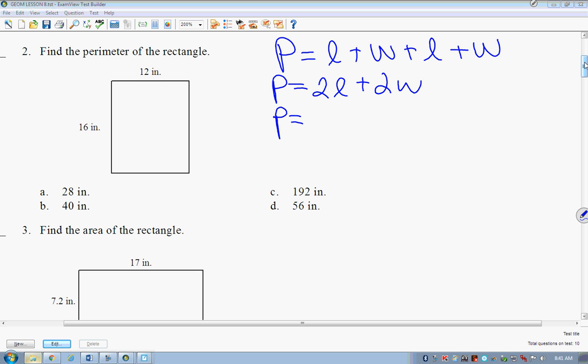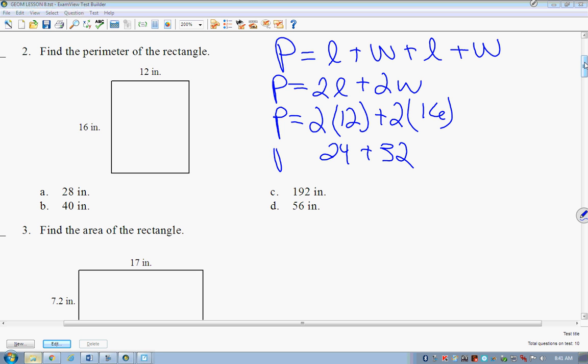So we got 2 times what? 2 times 12 plus 2 times 16. What's 2 times 12? What's 2 times 16? 32. So what's the perimeter? 56.